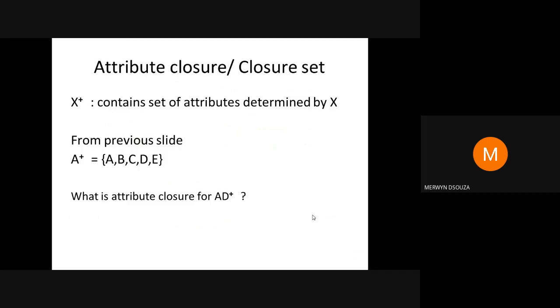So what do we mean by attribute closure? If you want to find the attribute closure for an attribute X, the symbol for the attribute closure is a plus sign, as shown here.